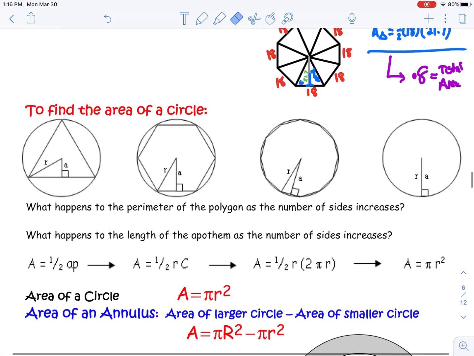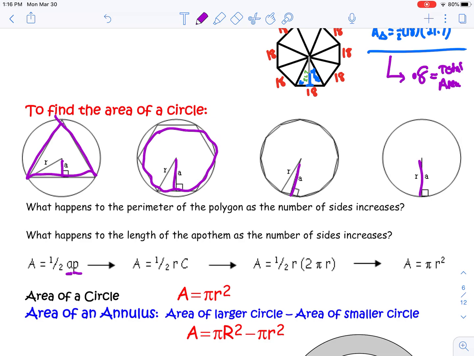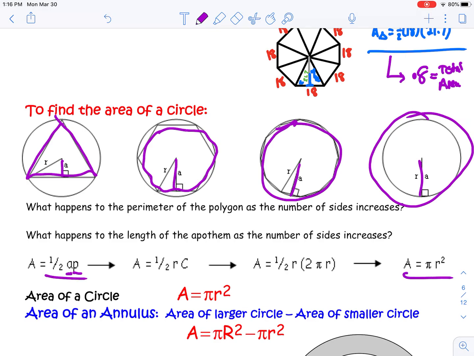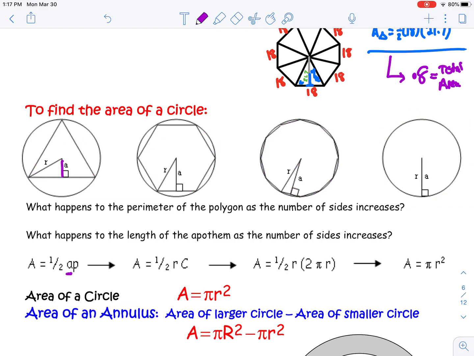This is why the formulas for the area of a circle and of a polygon are connected, because you'll notice the apothem over time gets closer and closer in size to being the exact same size as the radius. And the perimeter of that figure gets closer and closer in size to being the exact distance of a curved circle. So the area of a circle really comes exactly from the area of a polygon, which is really cool.